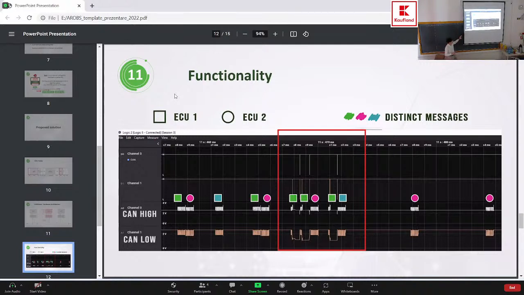In the first phase, we can see that there are 3 messages: 2 messages from the victim ECU, and 1 message from the other ECU, which will remain safe. Then in the red rectangle, we can see the intrusion itself. The green messages are destroyed when the acknowledgement happens, and the other messages are untouched.